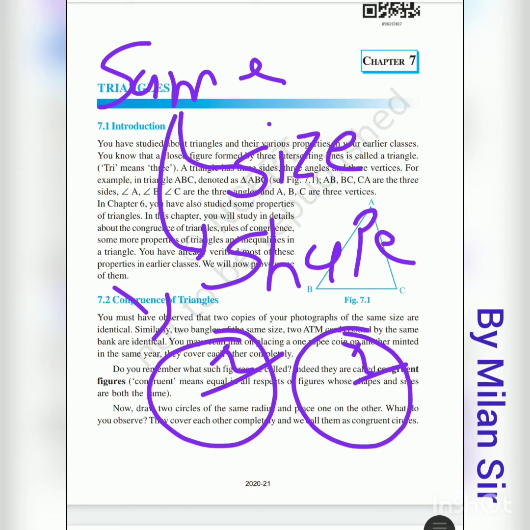Congruence and congruent both are like equal. If two triangles are congruent, they are called congruent triangles. Here, if two circles have the same radius, they are called congruent circles.